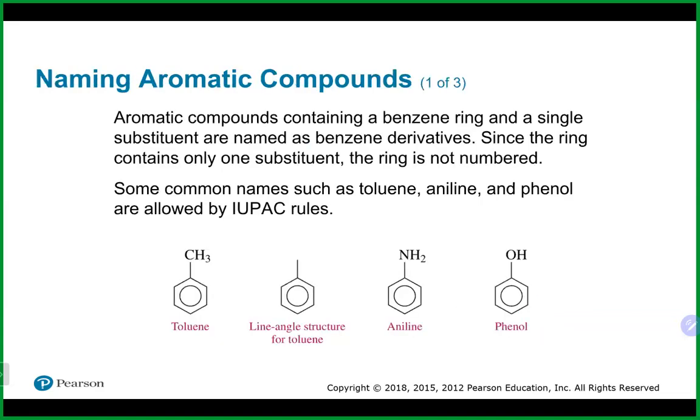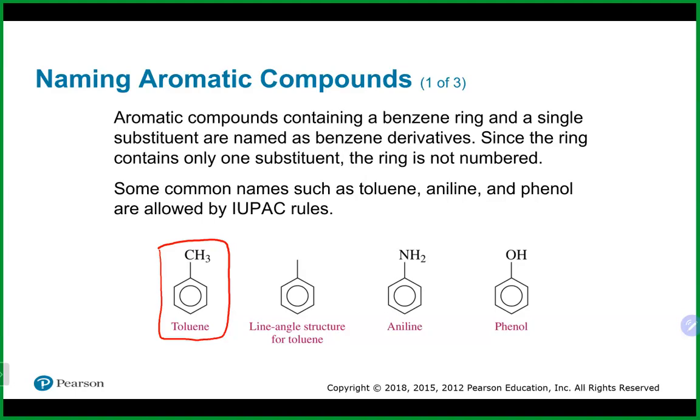Now, there are some historical compounds that are benzene based that have groups attached. This one is a historical compound and name. This is what is known as toluene. So this is known as toluene.